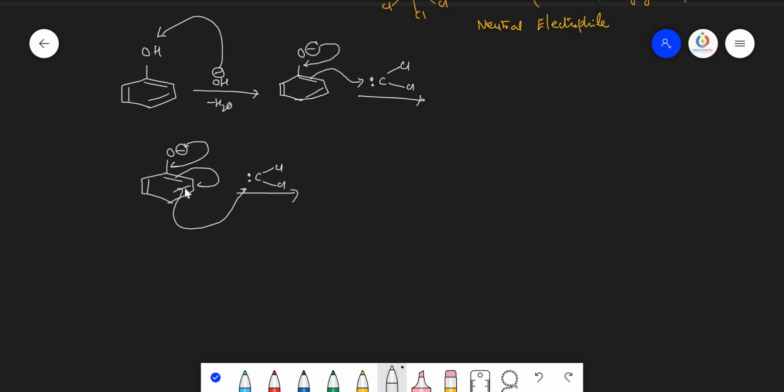So when it is attacking through the ortho position, now here we'll get the hydrogen. Since electrons are shifted over here, this carbon gets the negative charge now.